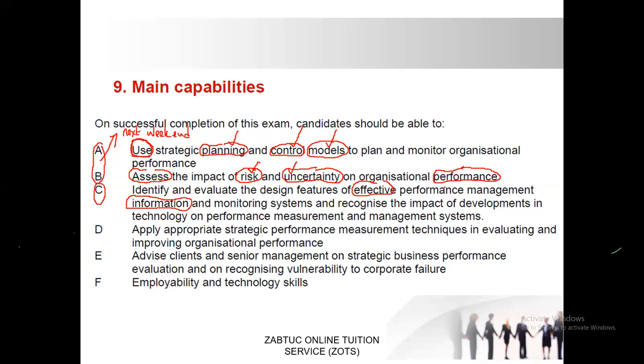So what's the impact of the developments? The new developments in information systems, how do these impact on how we measure performance and how we manage performance? Now, with the benefit of past papers, we can readily say that there's more or less the same type of question that comes in our exams on this item.